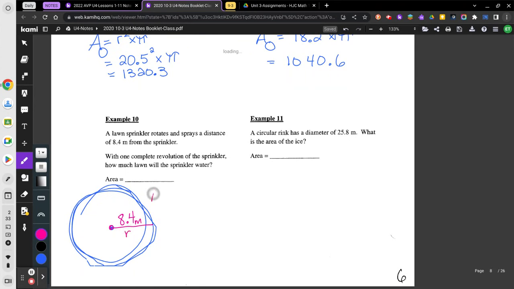So now I know area of my circle is going to be 8.4 squared times pi. And that's going to give us 221.7. So I get 221.7 meters squared. Don't forget your units.